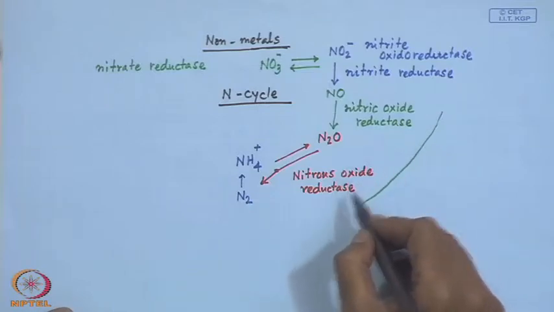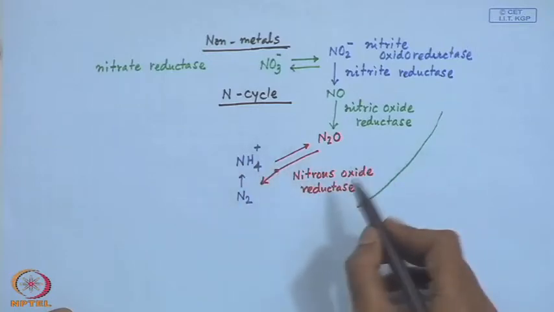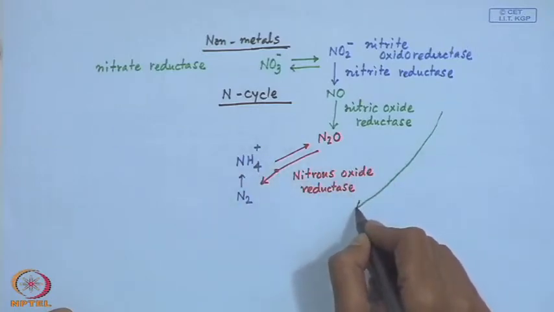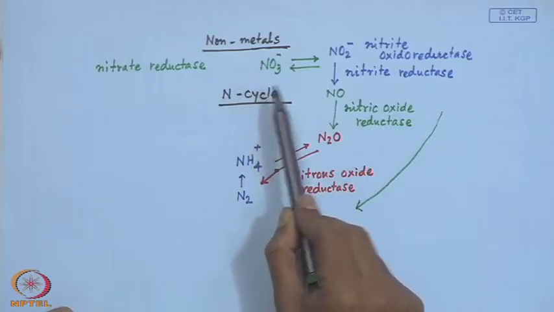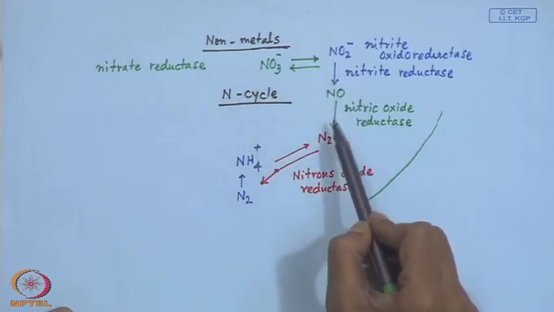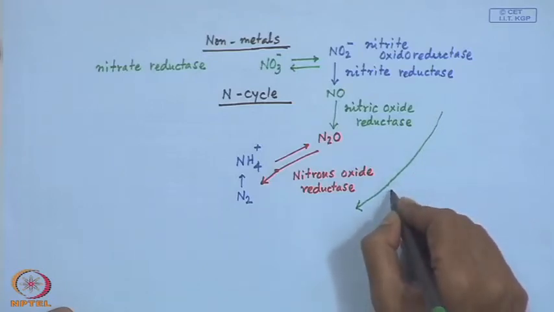So, one gets the corresponding fixation as the ammonium ion or the ammonia, but in all these other cases, that means the conversion of NO3 minus to NO2 minus to NO, N2 and all, we can consider as the typical denitrification reaction.